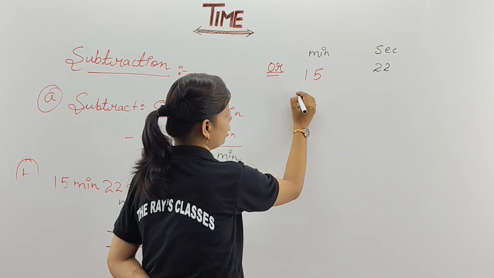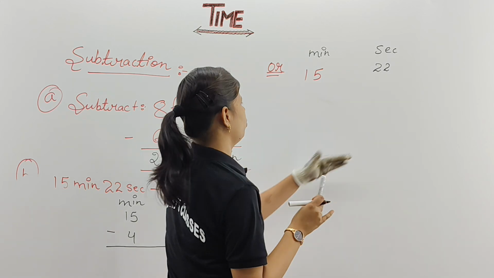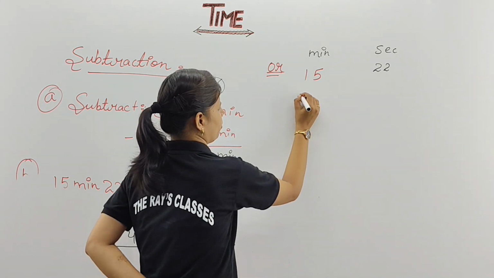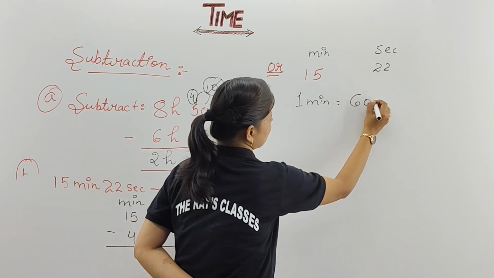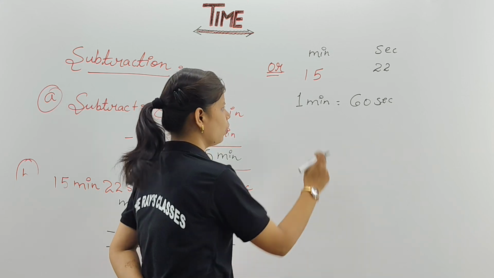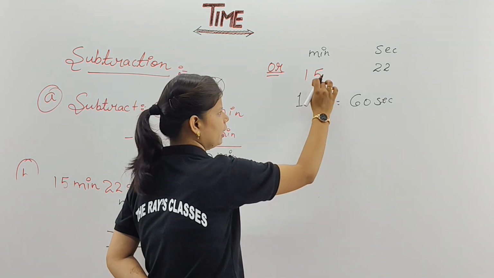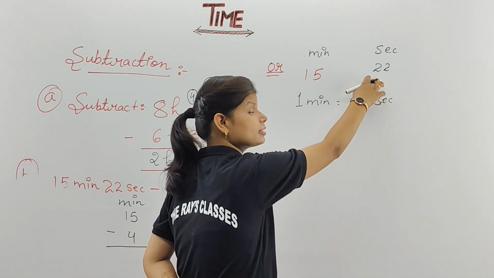You know already 1 minute of yours will be equal to how many seconds? Good. It will be equal to 60 seconds. Clear? Now this 15, what has he done? He has given his 1 minute to this one and now the seconds will be more than 60.